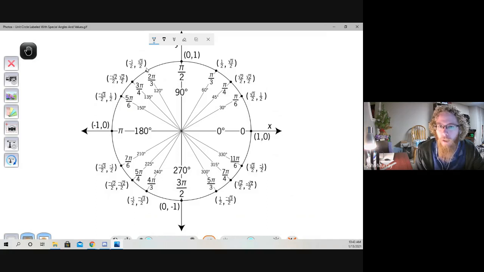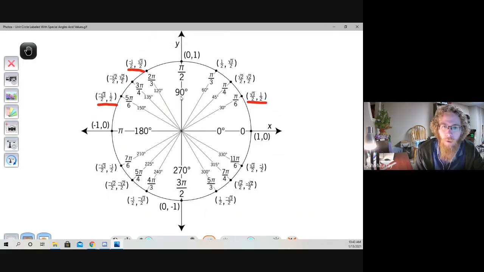One other thing to notice is that a lot of these kind of match up. Here for 30 degrees, we have √3 over 2, comma 1/2. I'll explain where we get these numbers in a second. Over here, I have negative 1/2, √3 over 2.